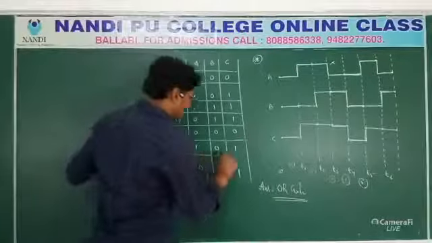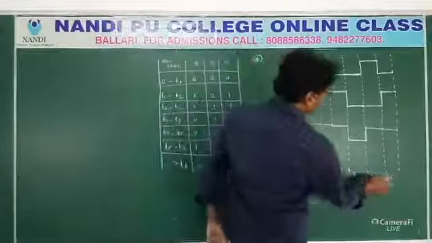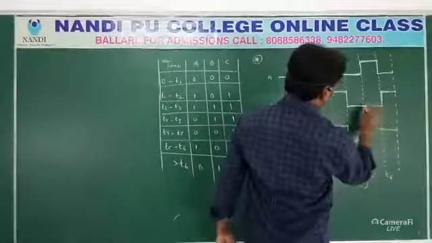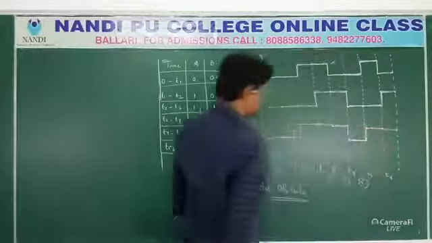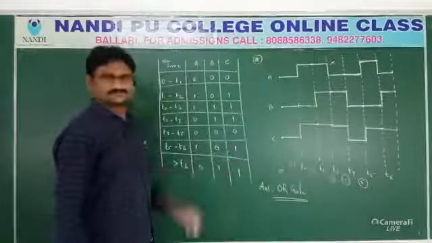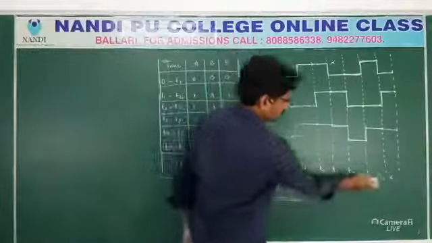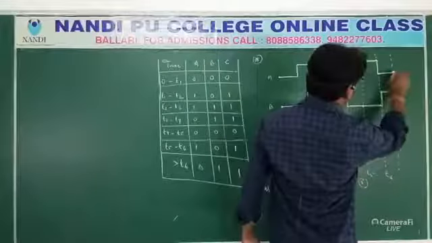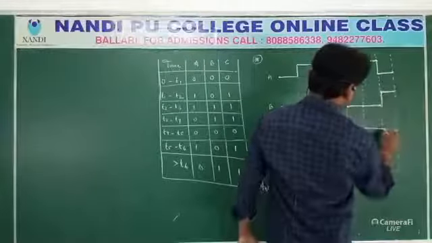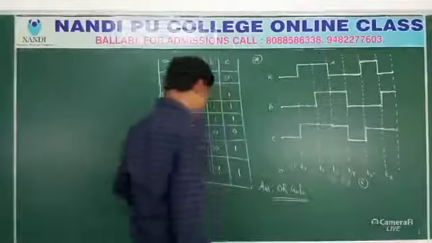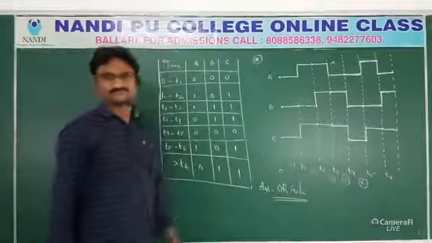Next, T56. This is T56. Upper value 1, lower value 0, upper value 1. 1, 0, 1. The last one is greater than 6. Means what? Here it is lower value, upper value, upper value: 0, 1, 1. Okay?